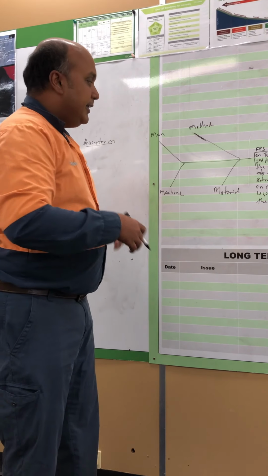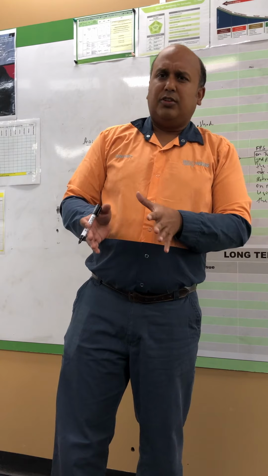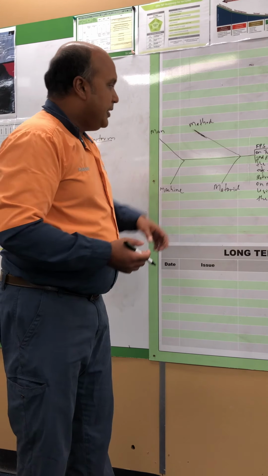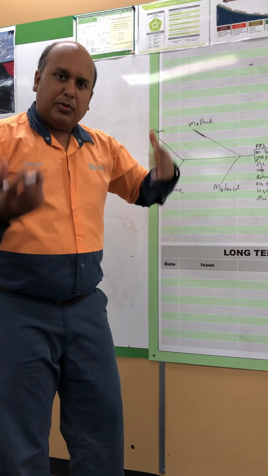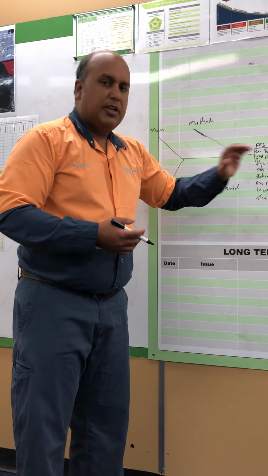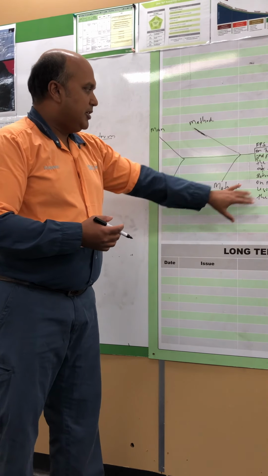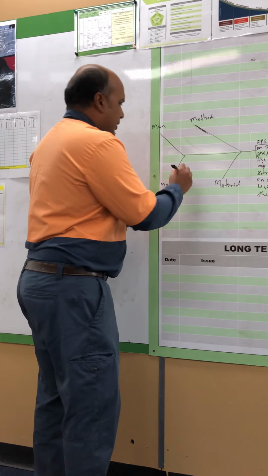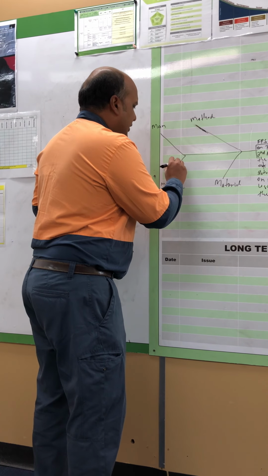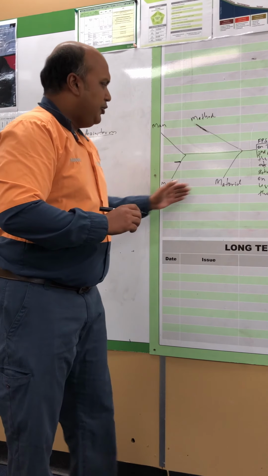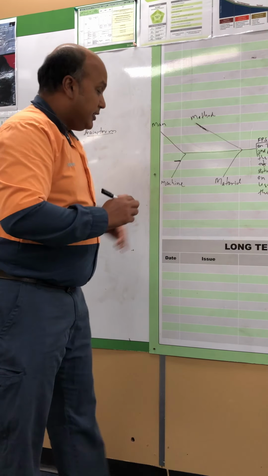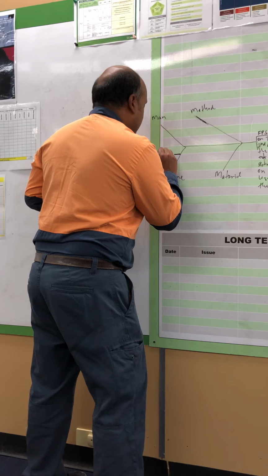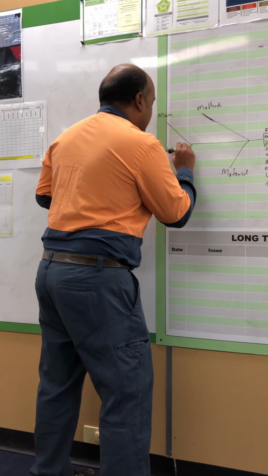This is where you do not discount any possible cause that people may suggest. When you do it in a group, you look at what some of the contributing factors are, looking at the man, machine, method, material. So if you look at machine, for example, what are some of the things that could have contributed towards it? Yeah, so tool not correct.